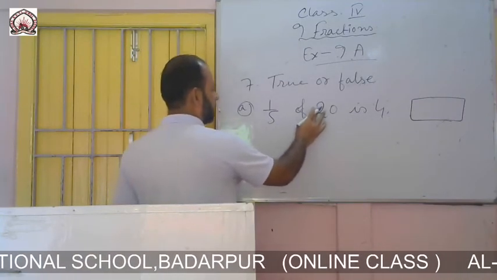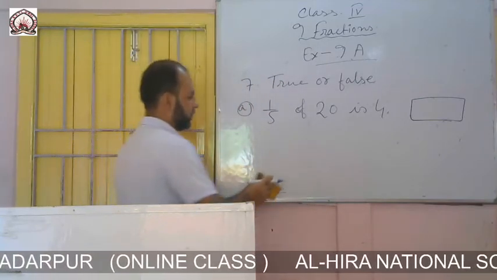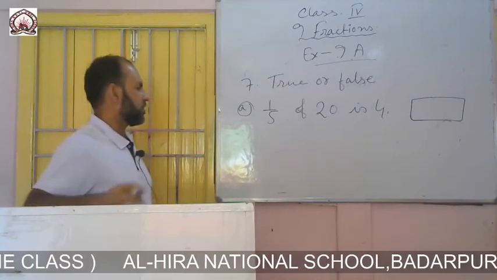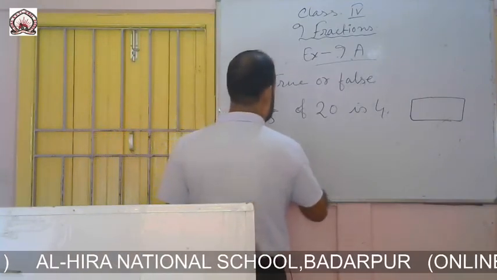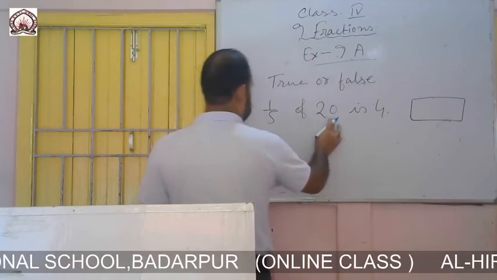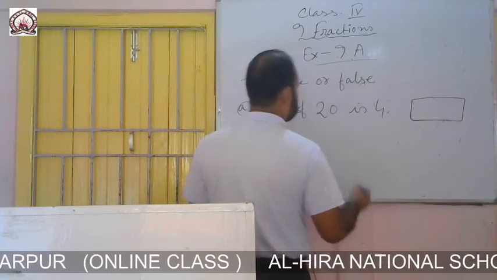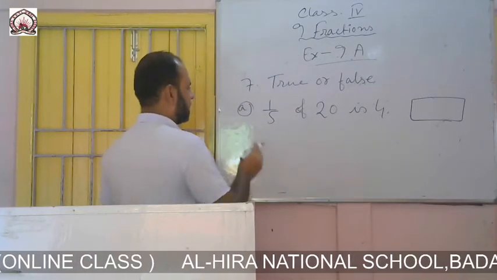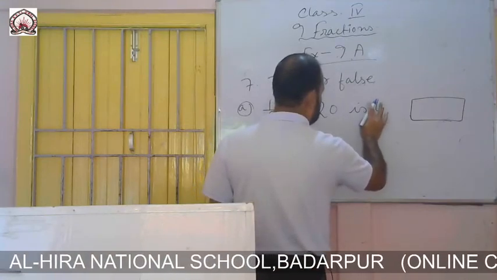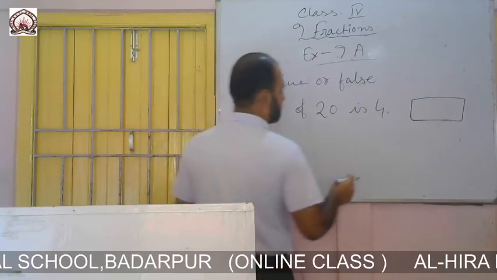Suppose 20 chocolates are there. Out of 20 chocolates, if 1 by 5 is 4, then it is true, and if it is more than or less than 4, then it is false.